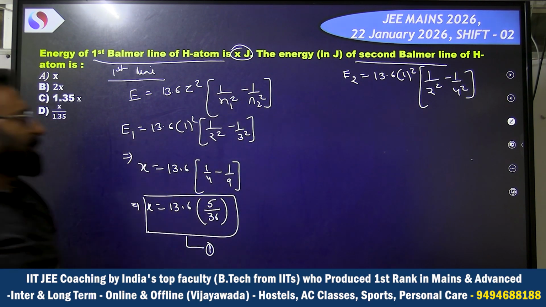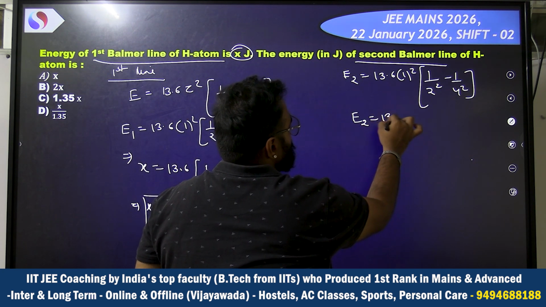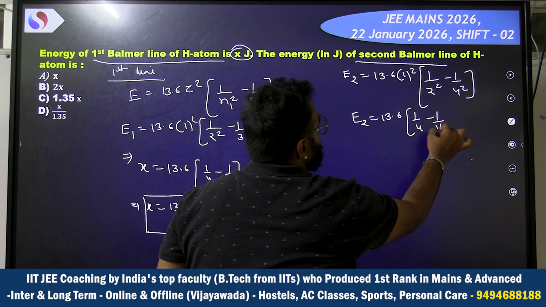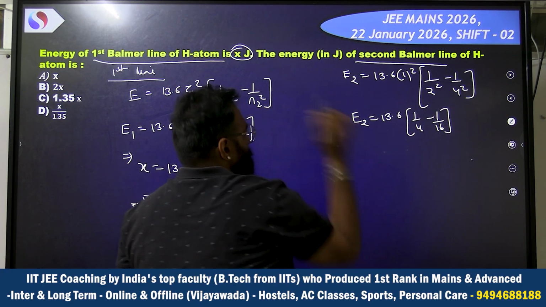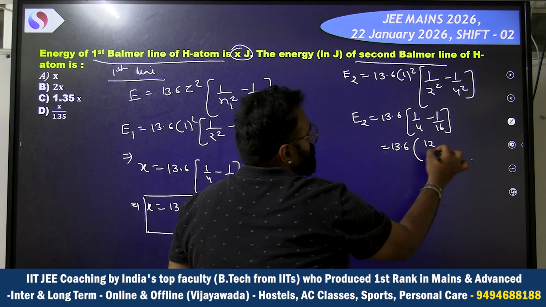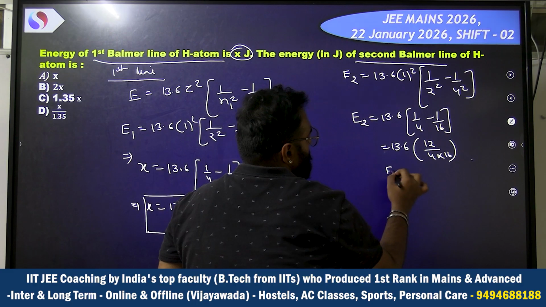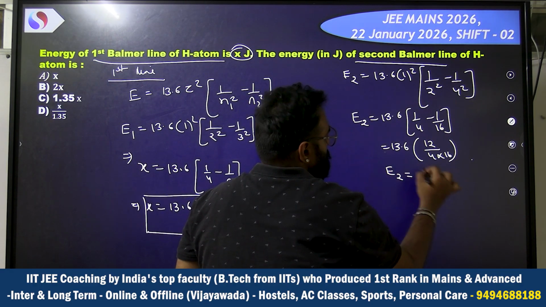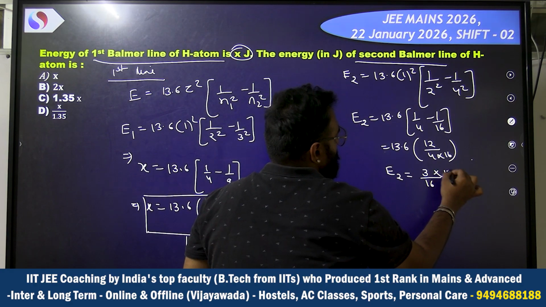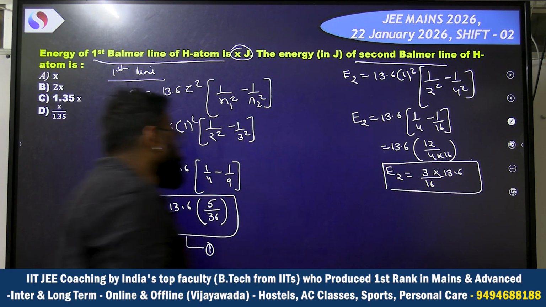Now similarly on the other end, E2 is equal to 13.6 times (1 by 4 minus 1 by 16). So I can write this as 13.6 times 12 by 4 into 16. That means E2 will be 3 by 16 into 13.6. This is my second equation.